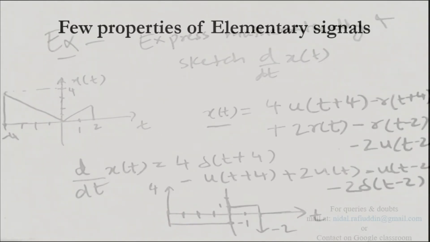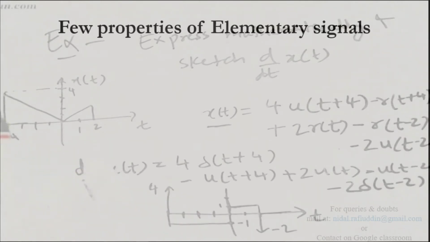And again, if we move further, between t = -4 and 0, we have a line which has a slope of -1. So if we take the derivative of this line, we get a value of -1, because d/dt of t is 1, or d/dt of -t is -1.